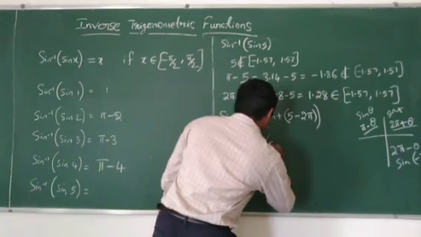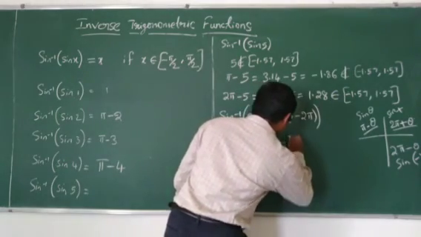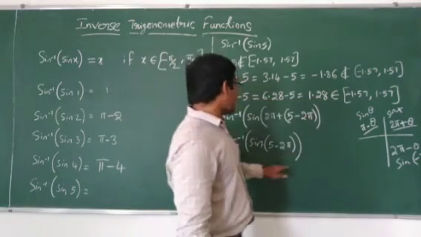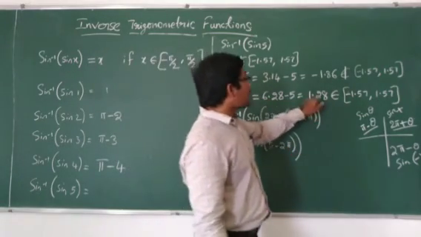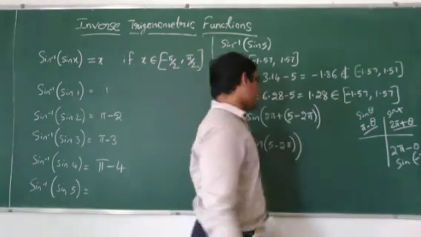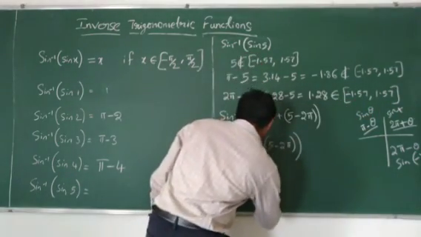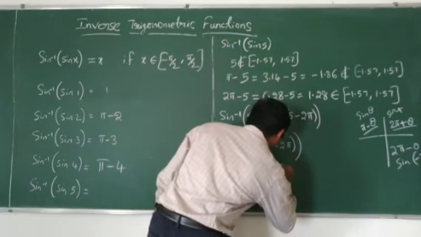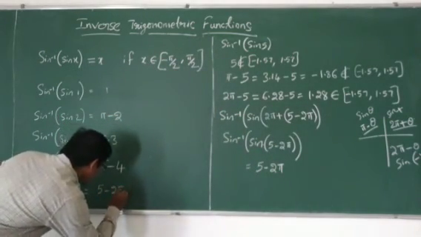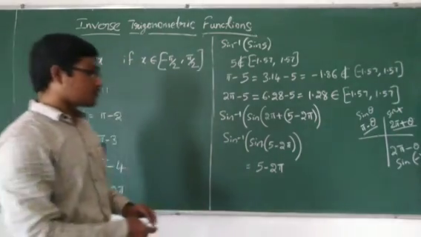So you get 5 minus 2 pi. 2 pi minus 5 is 1.28. 5 minus 2 pi is minus 1.28. That also belongs to this interval. So this value is equal to 5 minus 2 pi.